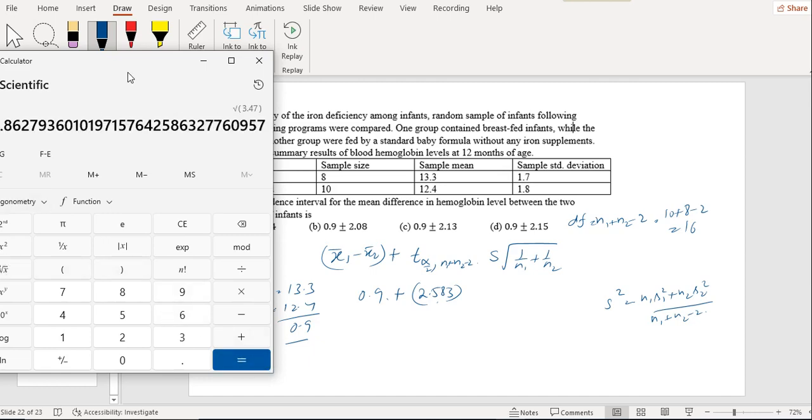It is 1.86, multiplied by 2.583. So it is 4.811.